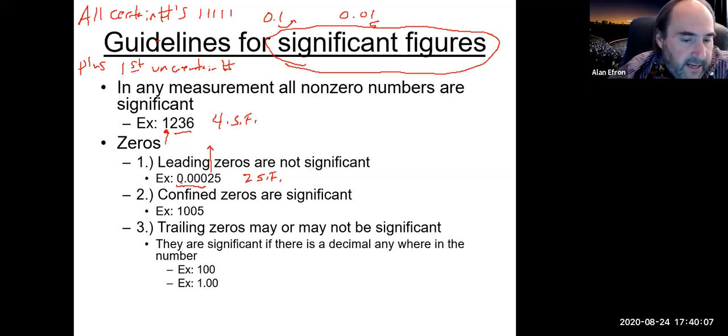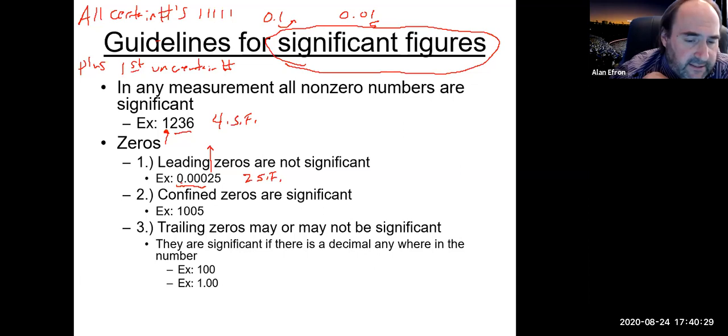non-zero number. Now, the next type of zeros are what are sometimes referred to as confined zeros. They're also sometimes referred to as being trapped zeros. And these are zeros that are between 2 non-zero numbers. And zeros that are between 2 non-zero numbers are essentially always going to be significant.